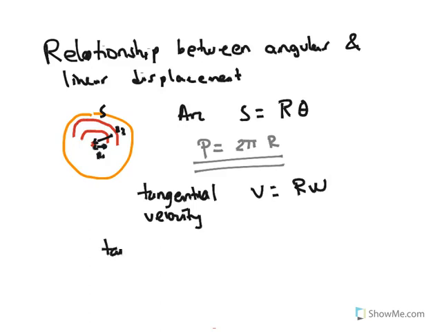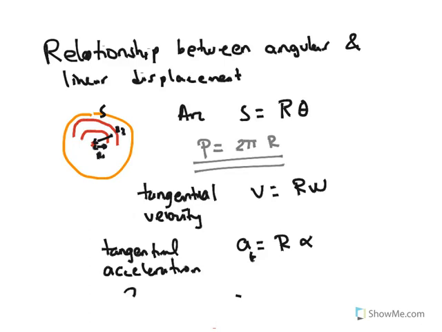And there is also a relationship with the tangential acceleration, which is that the tangential acceleration equals the radius times the angular acceleration. And since there is this relationship, you might remember from a previous tutorial that the acceleration equals the square root of the tangential acceleration squared plus the centripetal acceleration squared.